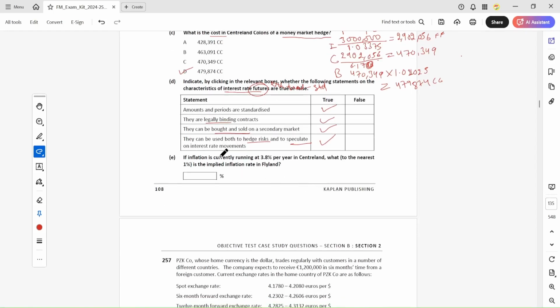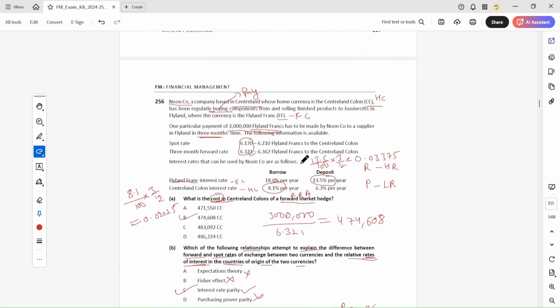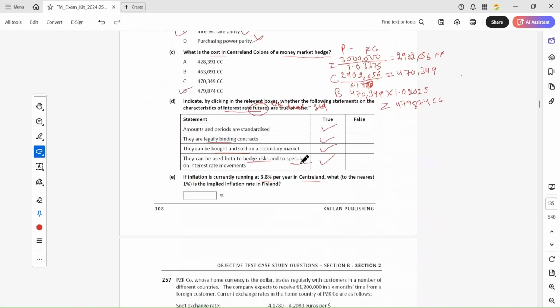If inflation is currently running at 3.8 in Centerland, what is the implied inflation rate in Thailand? Centerland is the home.